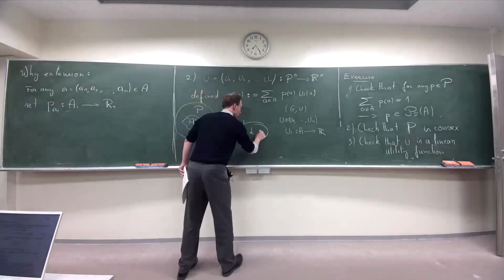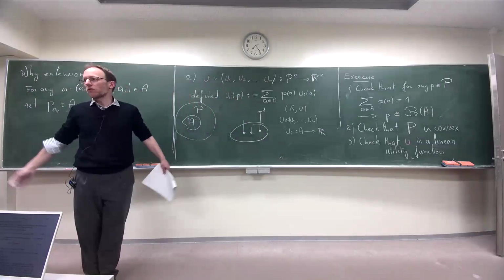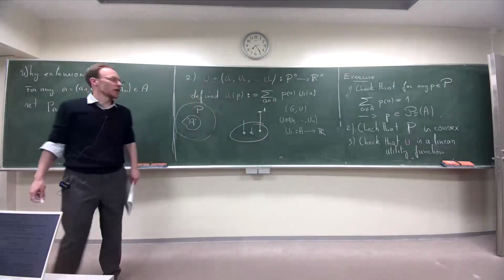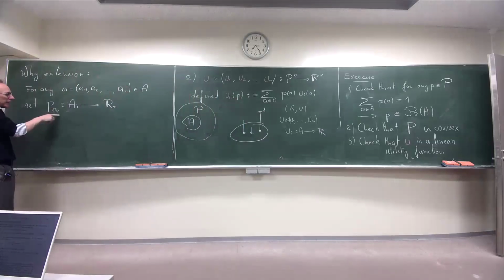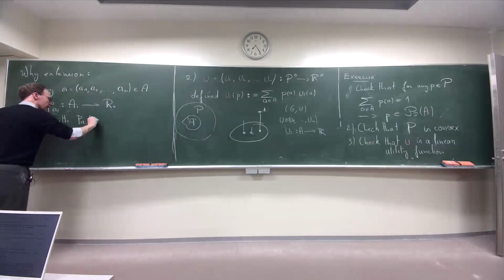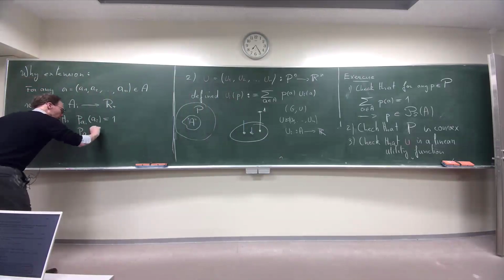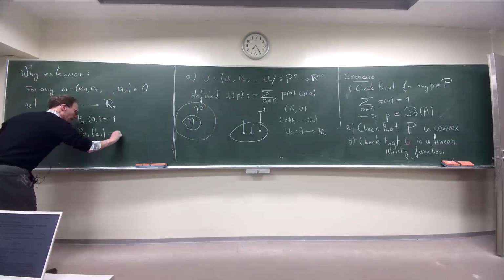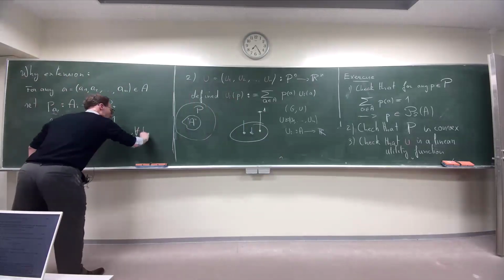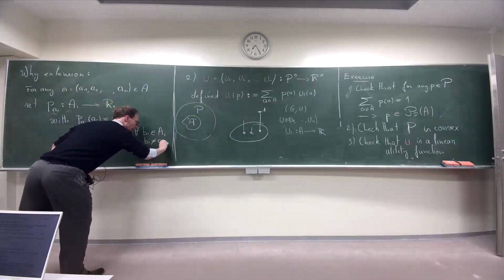But I can also consider the function which takes the value 1 at one point and 0 elsewhere. This special function takes the value 1 exactly at a_i, and it takes the value 0 everywhere else, for any b_i in A_i with b_i different from a_i.